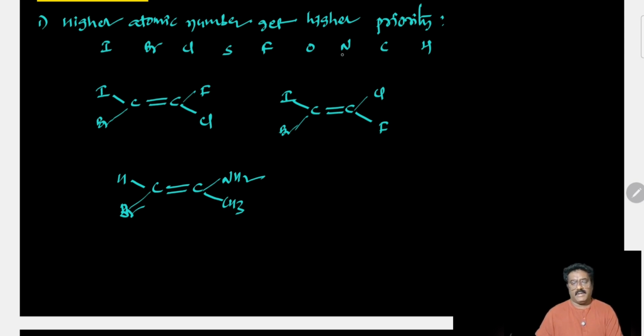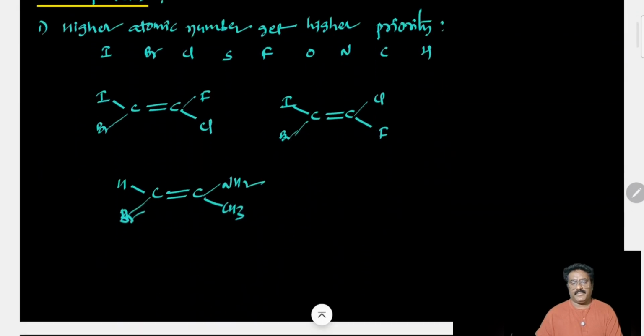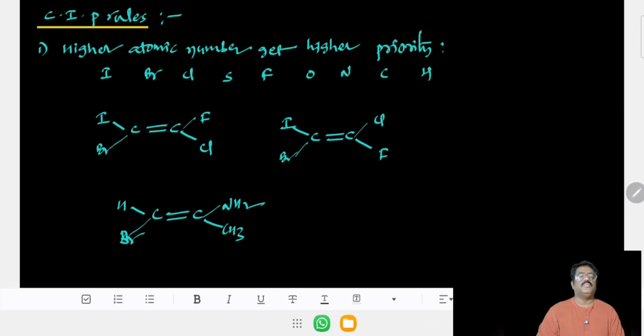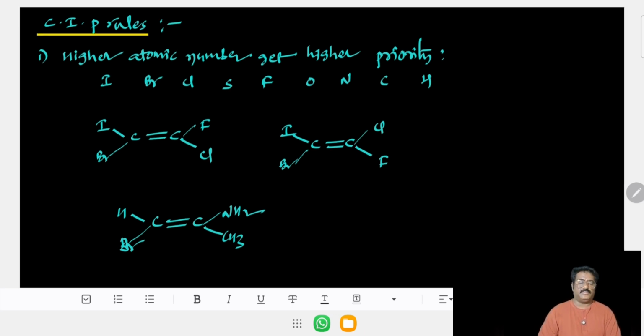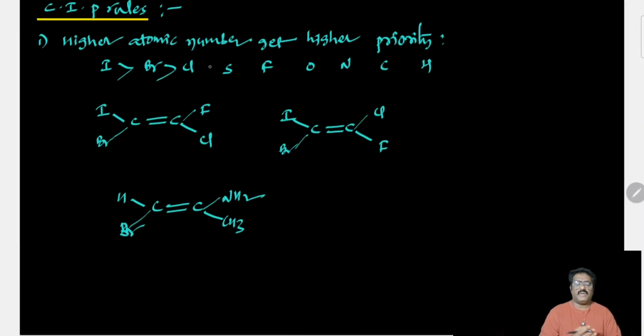For example, hydrogen, carbon, nitrogen, oxygen, fluorine, sulfur, chlorine, bromine, iodine. Which has more priority? The higher atomic number has more priority. Iodine has the most priority, then bromine, then chlorine, sulfur, fluorine, oxygen, nitrogen, carbon, hydrogen.